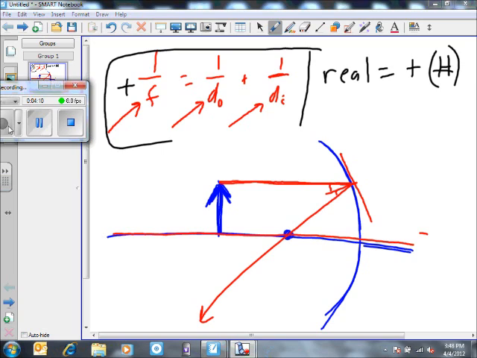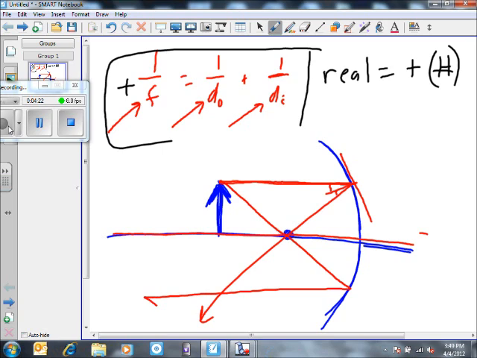Then the other ray is one that goes through the focus first and then goes parallel to the principal axis. So it's kind of the opposite of those two. And right here is where these rays converge. That would be where the spot that I started with is.